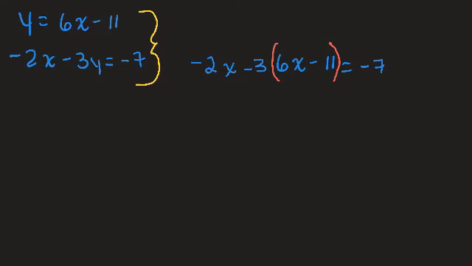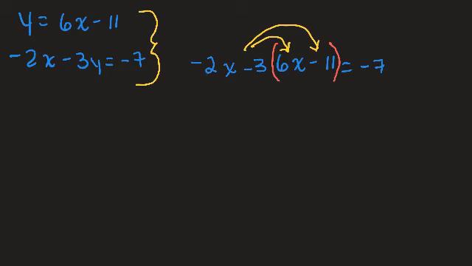Well, what is the value of y? 6x minus 11 equals negative 7. So at this point, we can solve this whole equation, because this equation has only one variable in it. And we just need to treat it like all the equations we did in January, where we're going to start by distributing, combining our like terms, solving for x.